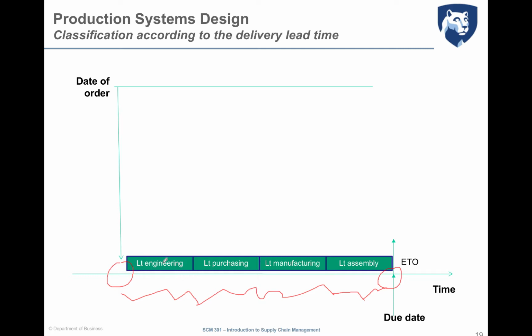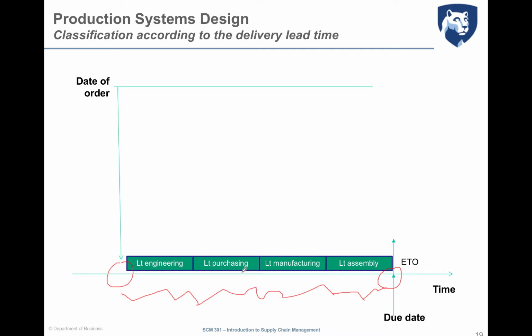So you have to do engineering, you have to do purchasing, because once you know the characteristics of the product and of the production system, you know also what you have to buy to realize that product, like for example from the bill of material. Then you have to do manufacturing, so to realize practically the product, and if you have also an assembly phase, you have also to do assembly. So a first case is the one in which the customer puts the date of order here, and you do everything from scratch. So according to the order, you tailor, engineer, and design the product.